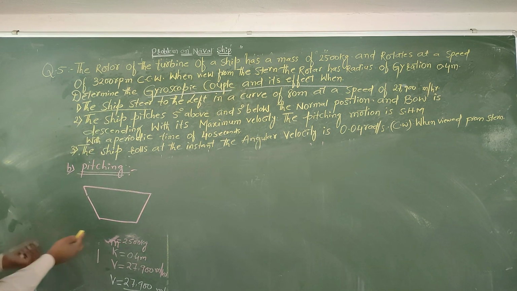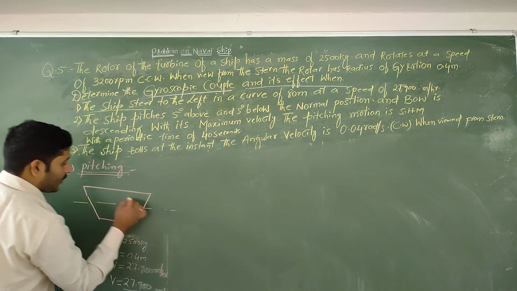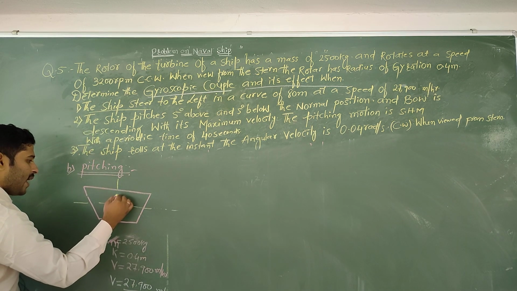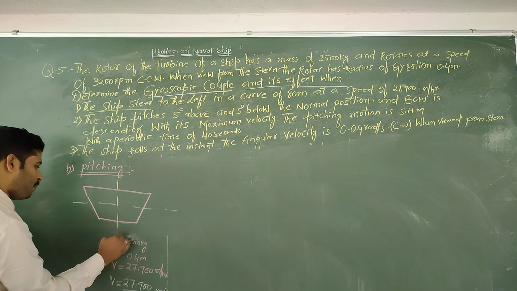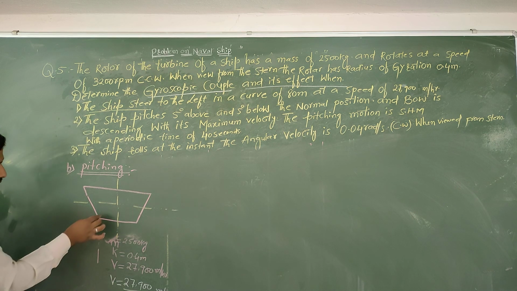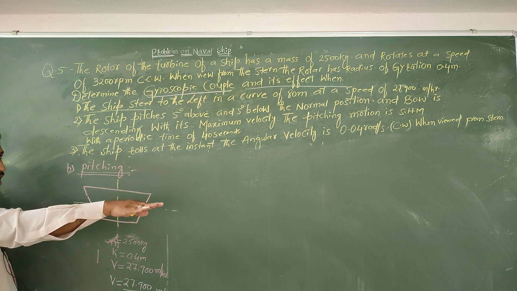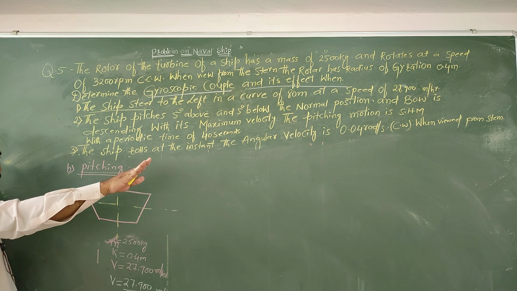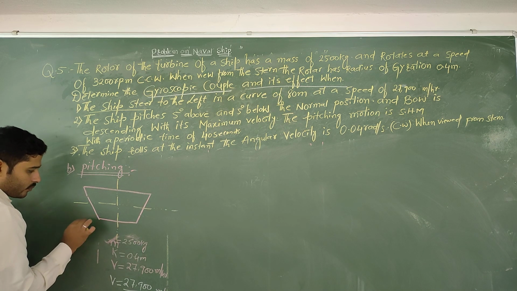You know very well the horizontal we can say as the axis of spin, and the vertical as the axis of precession, but we are talking about pitching. This means the ship is moving above the normal position and below the normal position. Okay dear.